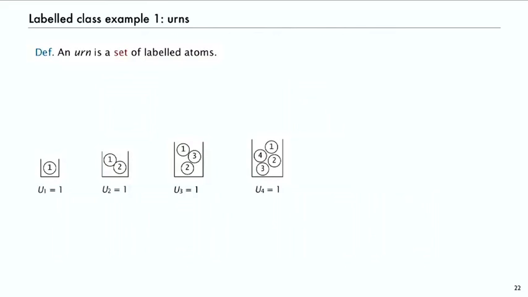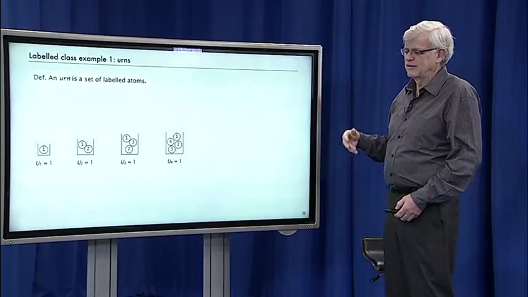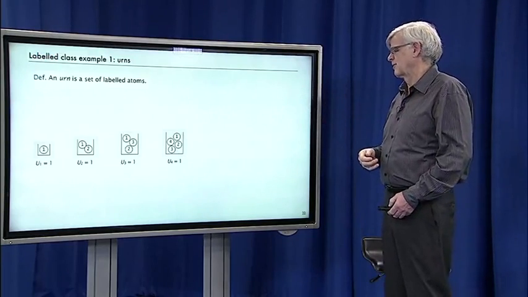All right, so let's look at some basic simple examples again of labeled objects. So there's what we call an urn, and an urn is a set of labeled atoms. In a set, the order doesn't make any difference, so again there's only one of each kind. We could use this definition of unary numbers, and later on you'll see why we use this characterization of it.